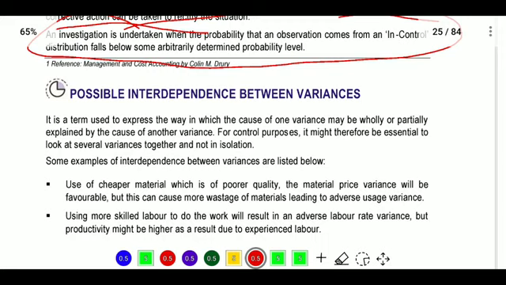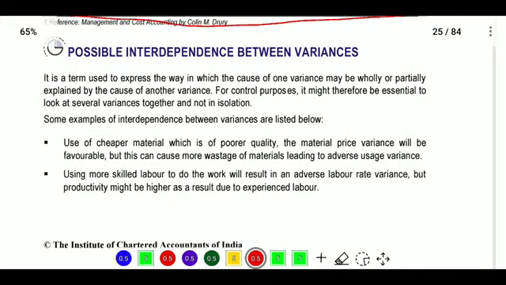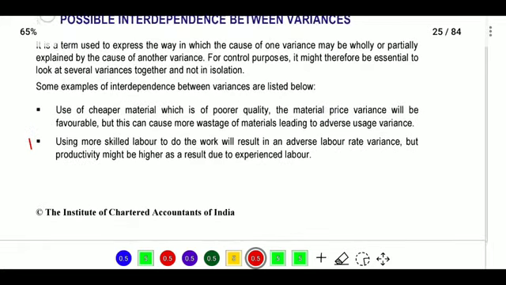Next, possible interdependence between variances. This means, for example, using cheaper material. Using cheaper materials will result in a favorable material price variance, but using cheap material in production might increase wastage rates. So using cheaper items provides an interdependence between variances.